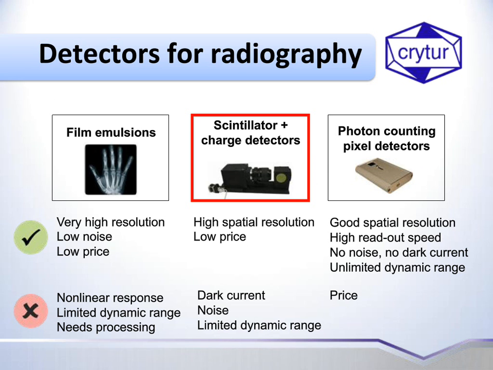The third option would be photon counting detectors, which Crytur also has in stock. He's interested in new technology, so scintillators and photon counting are the future. And here there's a good spatial resolution, which is lower than with scintillators, but there is no noise and no dark current. But unfortunately, the price is very high for now. So let's move to scintillators.